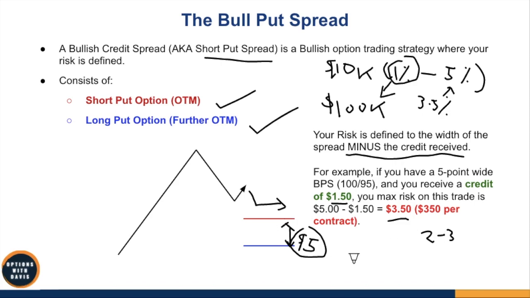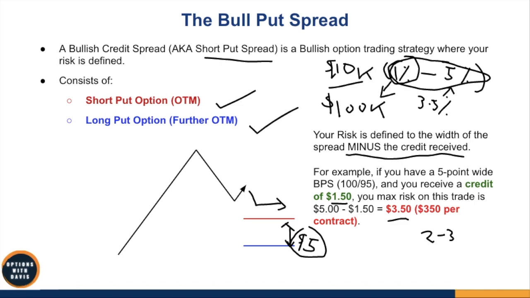Each time you'll be receiving roughly $300 to $450 per trade. This is very important to really understand because this is how you position size. I've got a lot of questions, people asking me this. So this is pretty much how you calculate your risk. First, identify your account size, and then identify the maximum risk you want to put on per trade.